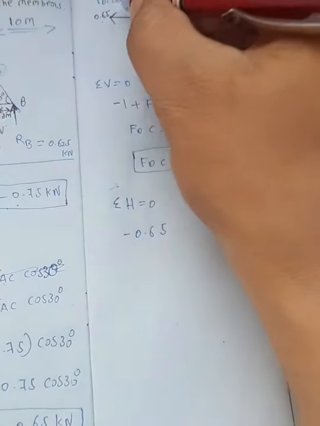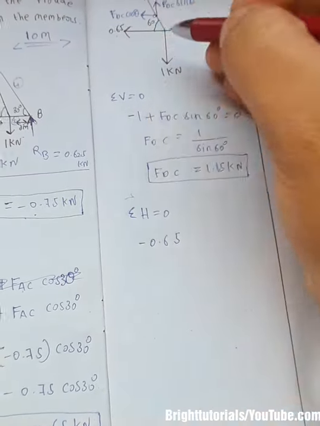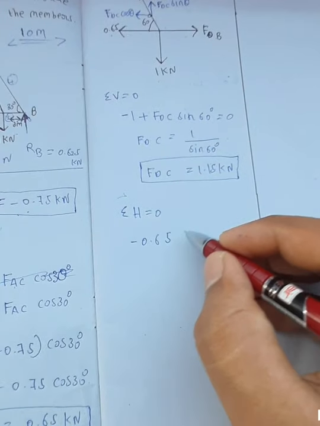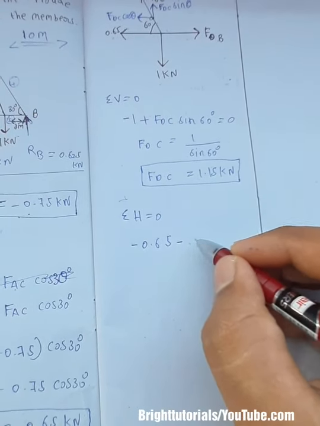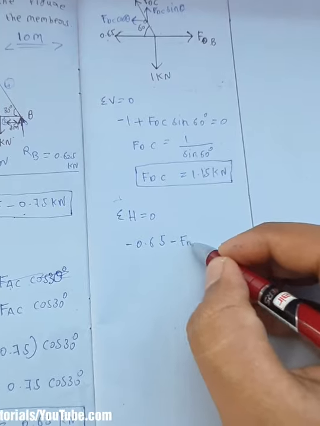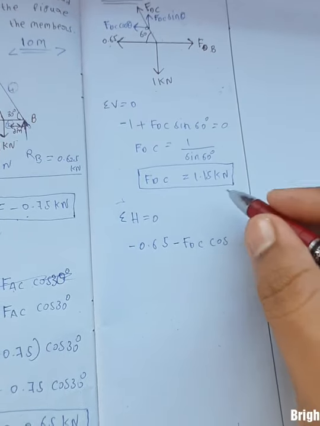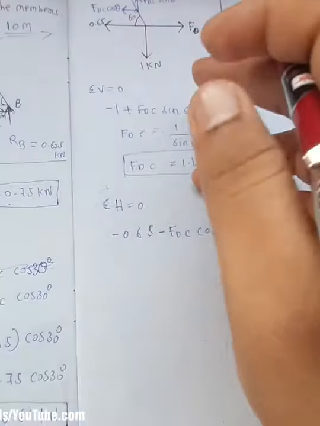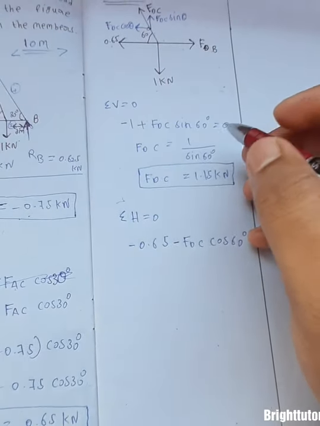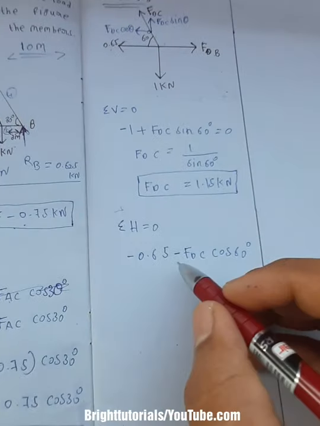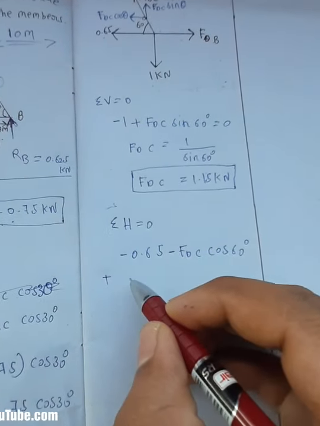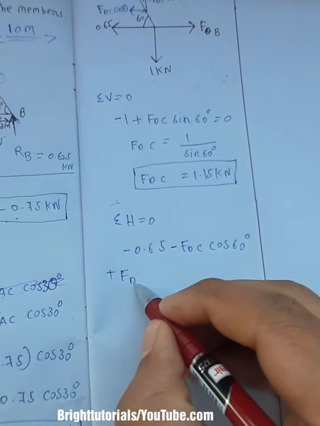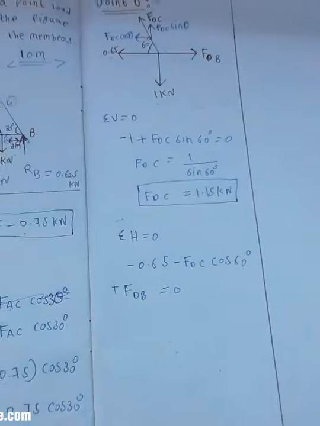Then FDC cos theta is also a horizontal force, and it is also going towards left, so the sign of it is minus FDC cos 60 degrees. Then the next force is FDB. It is also a horizontal force which is moving towards right, so it has positive sign equals to 0.